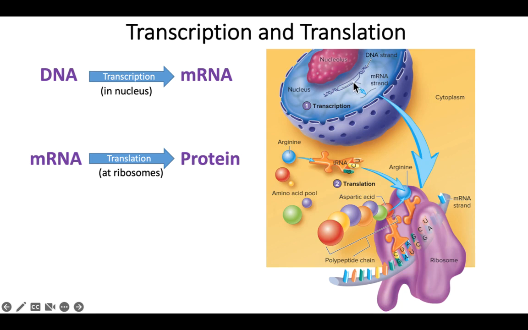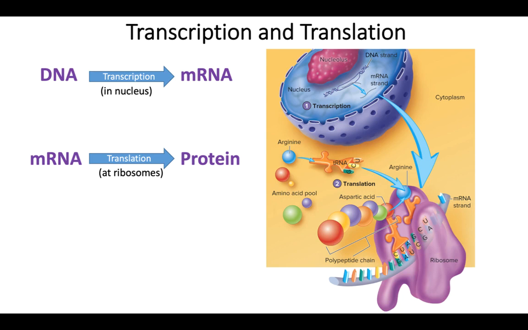But what we can do with the mRNA is move it out of the nucleus, and it goes to what's known as a ribosome. The ribosome will read the information in that RNA, and that's known as translation. Get it? It translates the information in the mRNA in order to make protein. So the mRNA has the code.